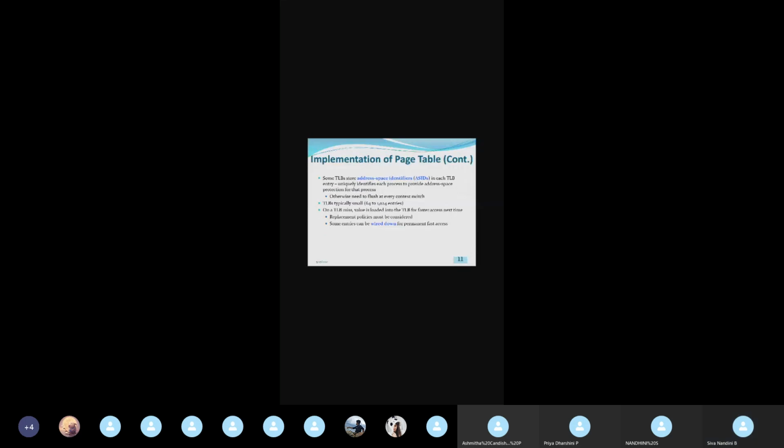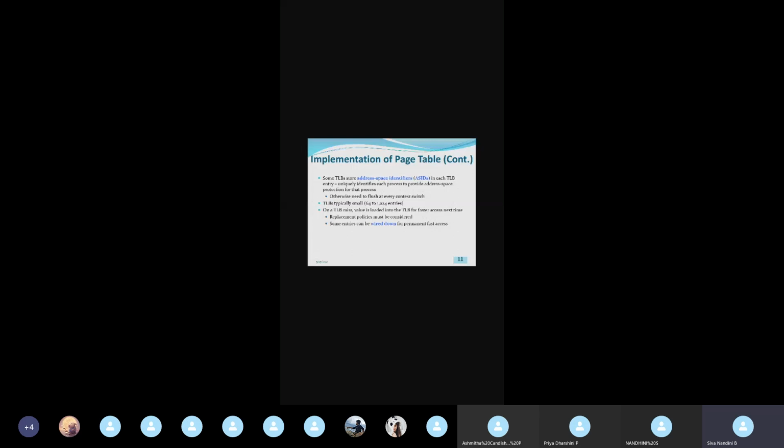Using this translation look-aside buffer, we'll have address space identifiers, that is ASID. This address space identifier uniquely identifies each process to provide address space protection for that process.